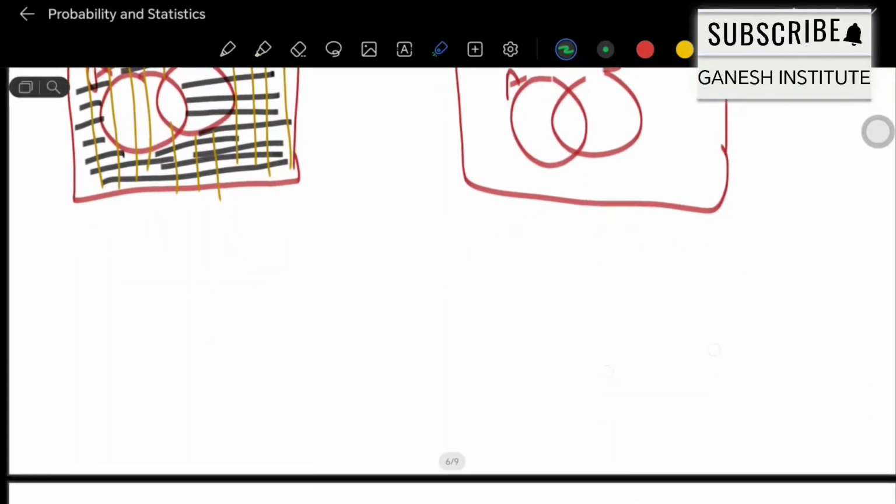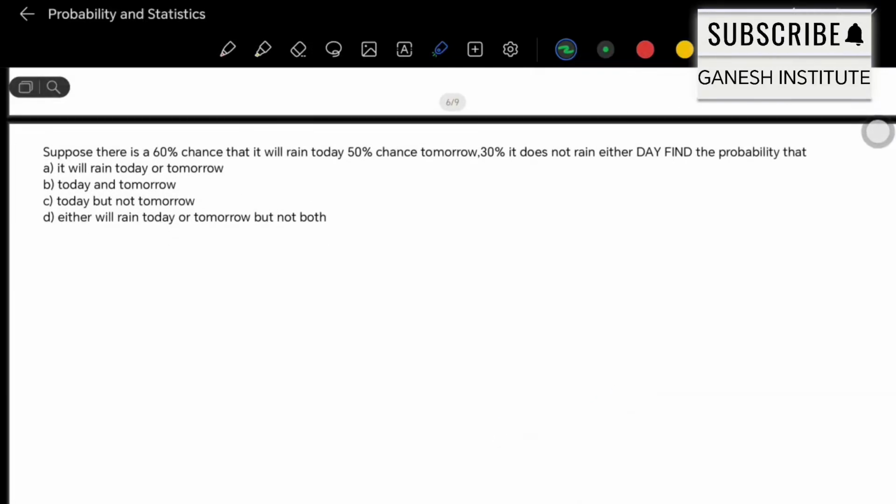Now, why I'm telling you all this, let's apply this in the question. Here it's saying, suppose there is a 60% chance that it will rain today, 50% chance that it will rain tomorrow, and 30% that it does not rain either day. Then you need to find the probability for all these cases: it will rain today and tomorrow, today but not tomorrow, and today or tomorrow but not both.